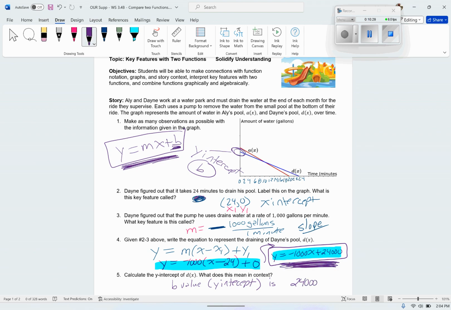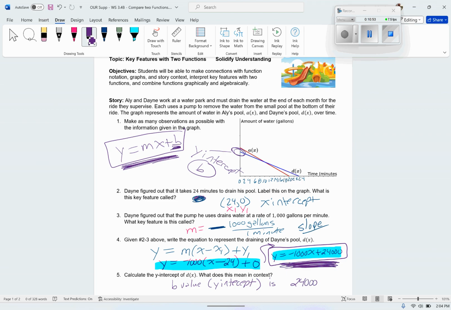What does 24,000 mean in the context of this problem? Any ideas? What are we using in this problem? We're using time and we're using gallons of water, right? So is my time 24,000 minutes? Is my pool 24,000 gallons full?